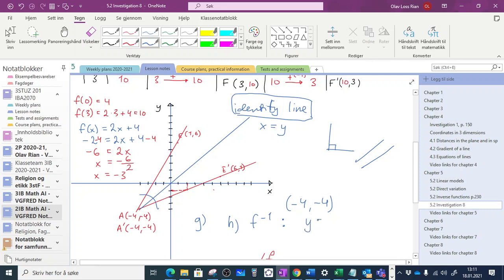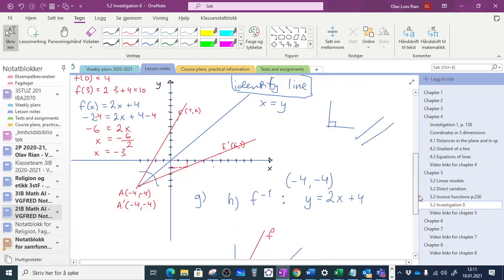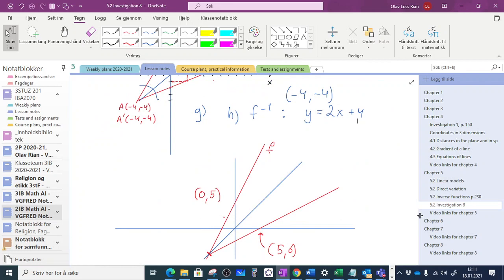Right, so let's say we started out with y equals 2x plus 4. If you want the inverse function, what do you do? All right, so you want to isolate x and express it through y.